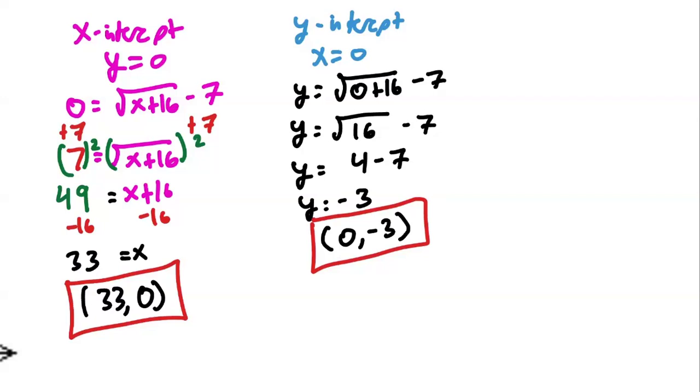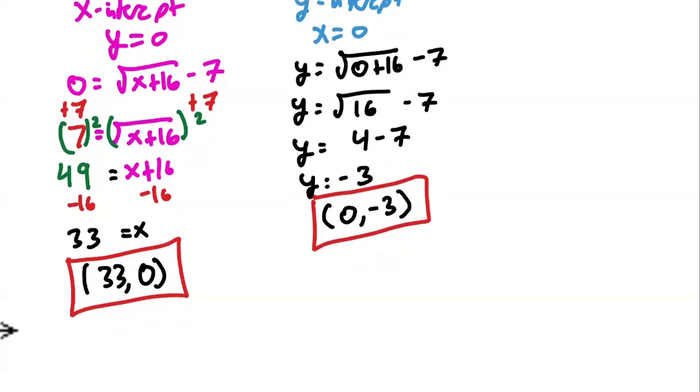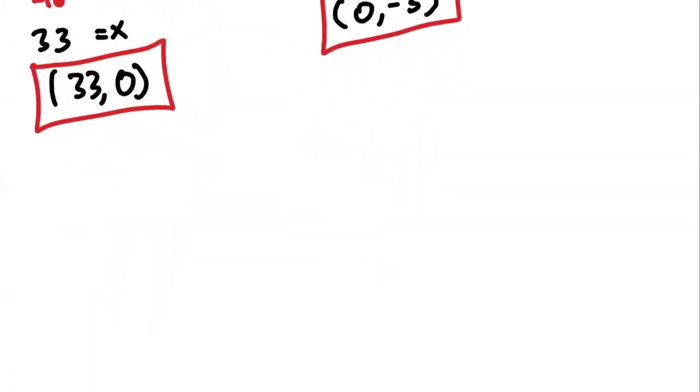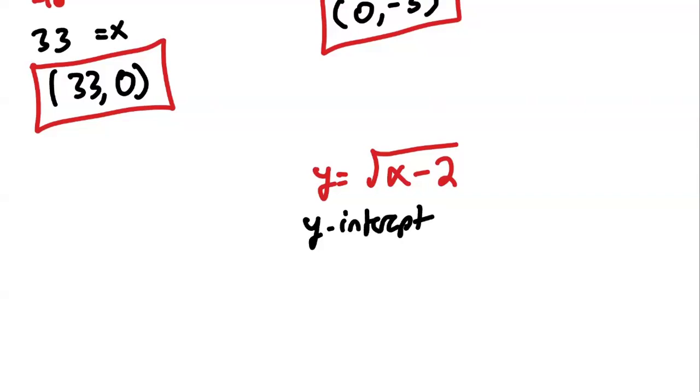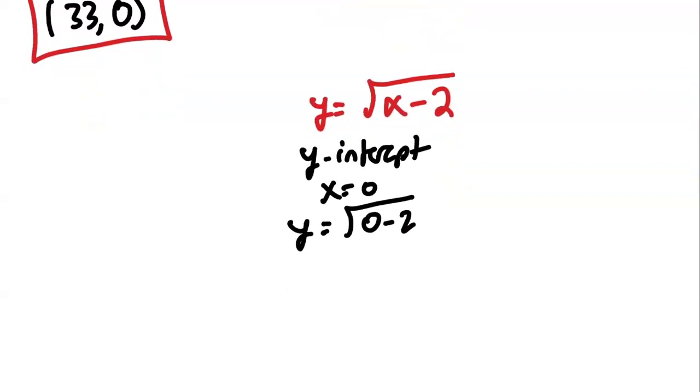Does anyone have any questions? Now, the reason why I asked you if it exists is because the y-intercept might not always exist. If you have a problem like this, where you have to be careful, y is equal to the square root of x minus 2, and you want to find the y-intercept, where x equals 0, we have y equals the square root of 0 minus 2. 0 minus 2 is just negative 2.